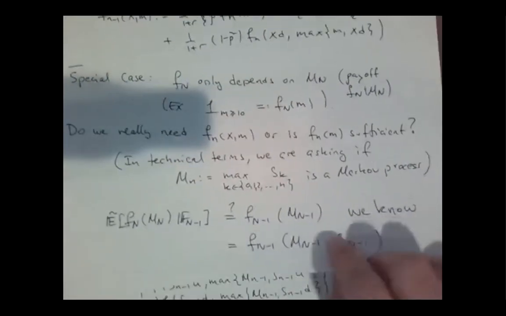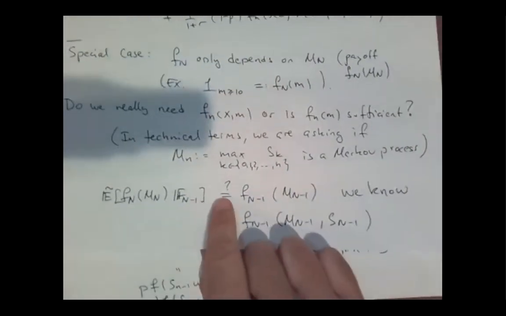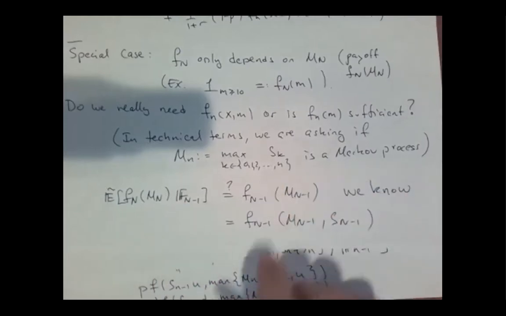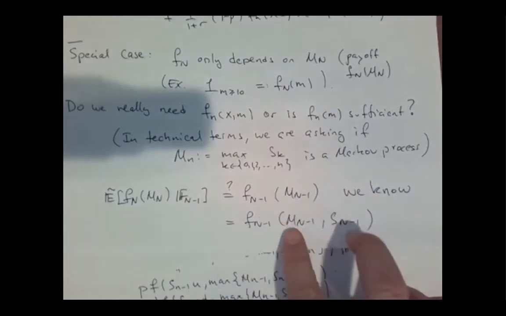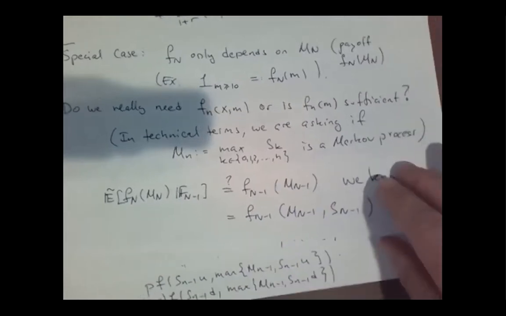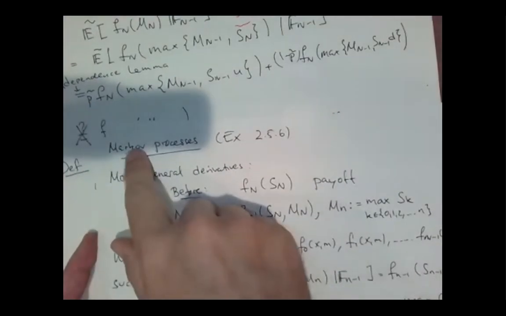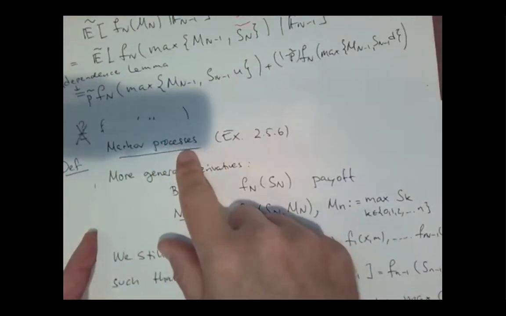Which is what we've been trying to do here. Go back one step and see how much you need to keep track of. Is it okay just to keep track of one component, or do I need both of them? The mathematical expression for that is you need to figure out what the underlying Markov process is.